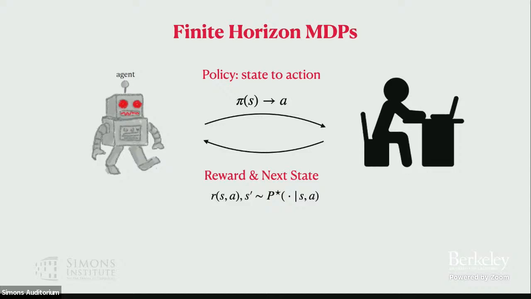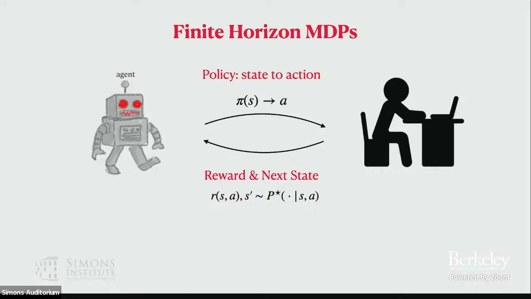Okay, so the model we're going to stick to is the finite horizon Markov decision process. I think you have seen this setting multiple times, but let me just spend 20 seconds on that so that we can be on the same page in terms of notation, right? So we will have pi to denote policy. The policy maps from state to actions.